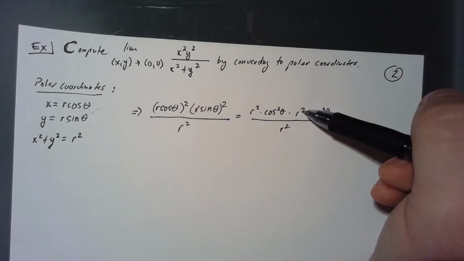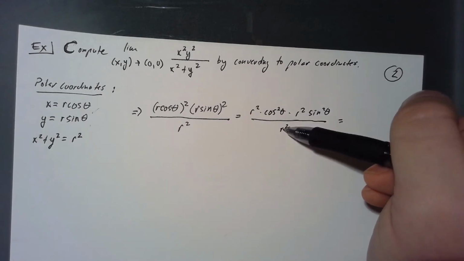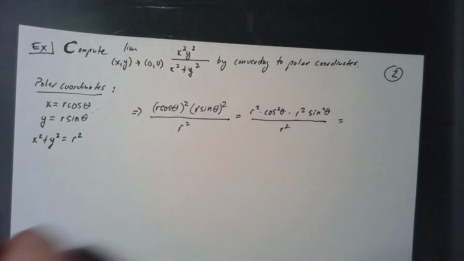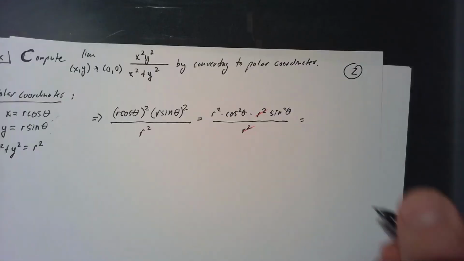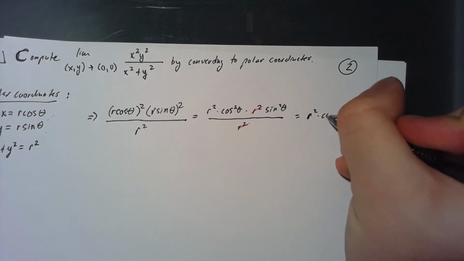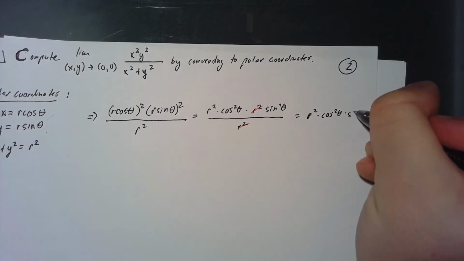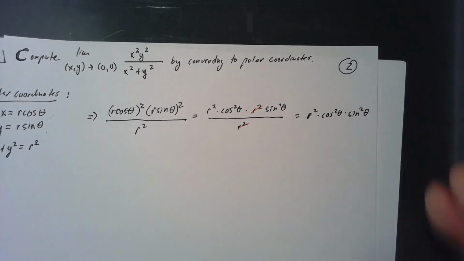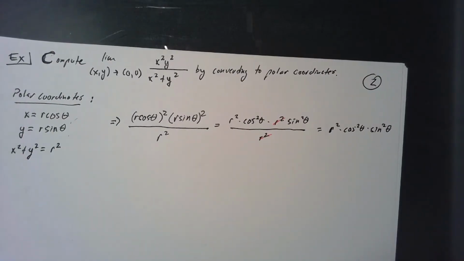One of these r squareds is going to cancel out with the denominator's r squared. That's pretty straightforward. They cancel out, so now I have r squared times cosine squared theta times sine squared theta. Okay, so that's what I have now.